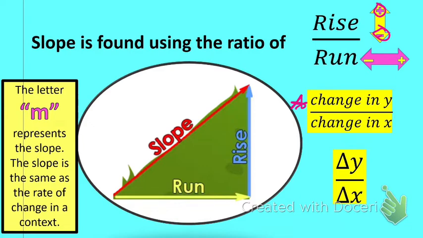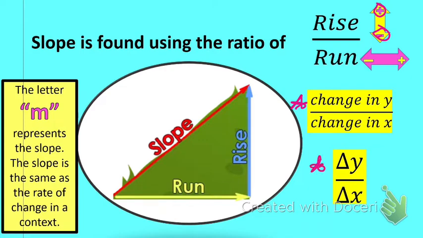Up and down, right? So when we say we want to find out how much something has risen, we're looking from one point to another point. So we're saying, what's the change in their y values? Because their y values show how much it has changed going up or down. That's why we call it change in y.